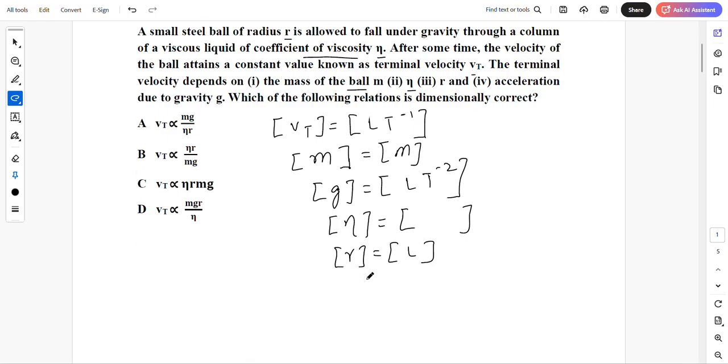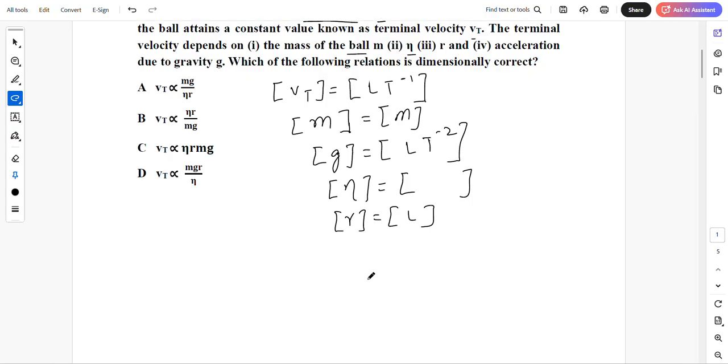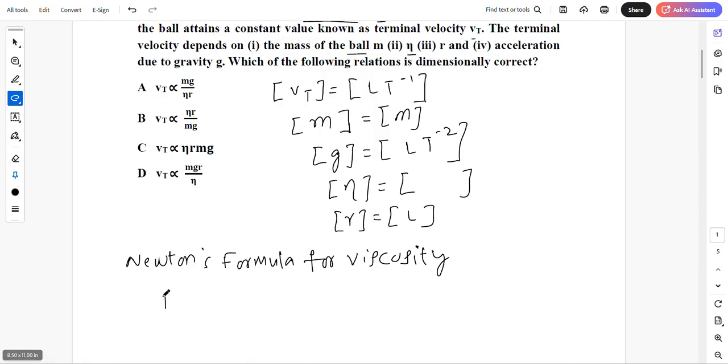Now let us calculate the dimension of coefficient of viscosity. Newton's formula for viscosity is given by F is equal to eta A delta V by delta X. Okay.